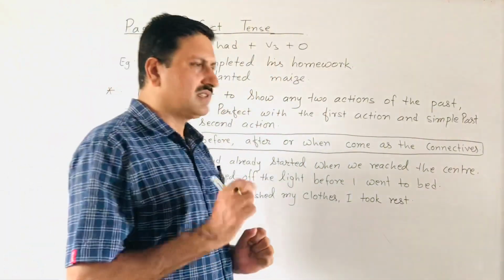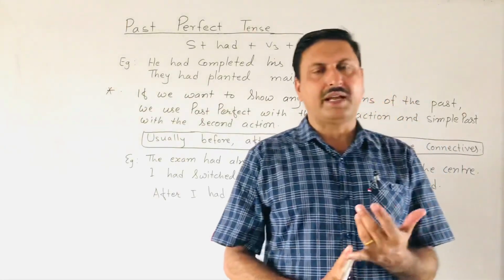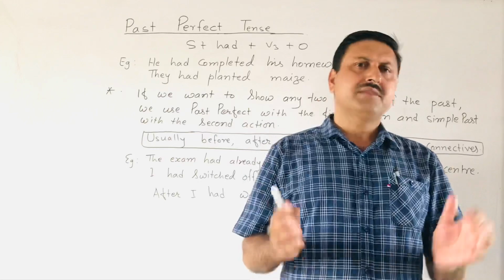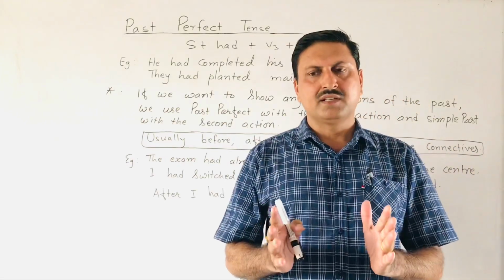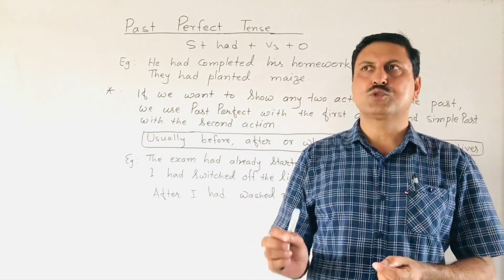Sometimes if it is not clear, for example, I washed my hands, I ate rice. If these two sentences are spoken without connectives, the listener gets confused about which one took place first.